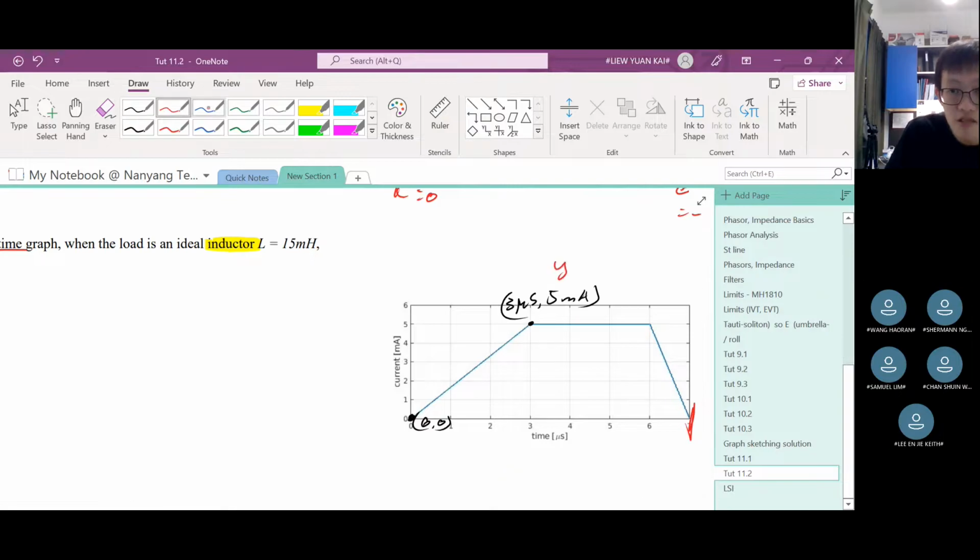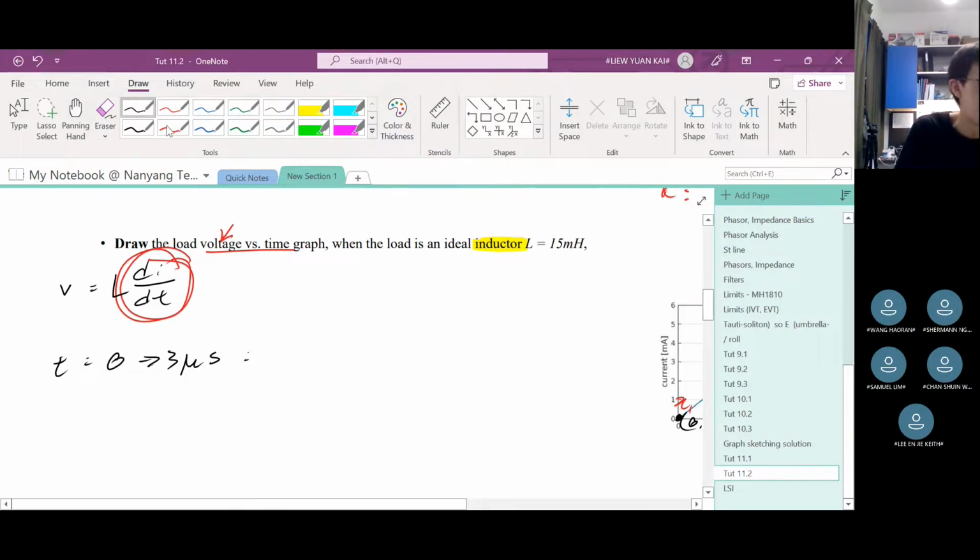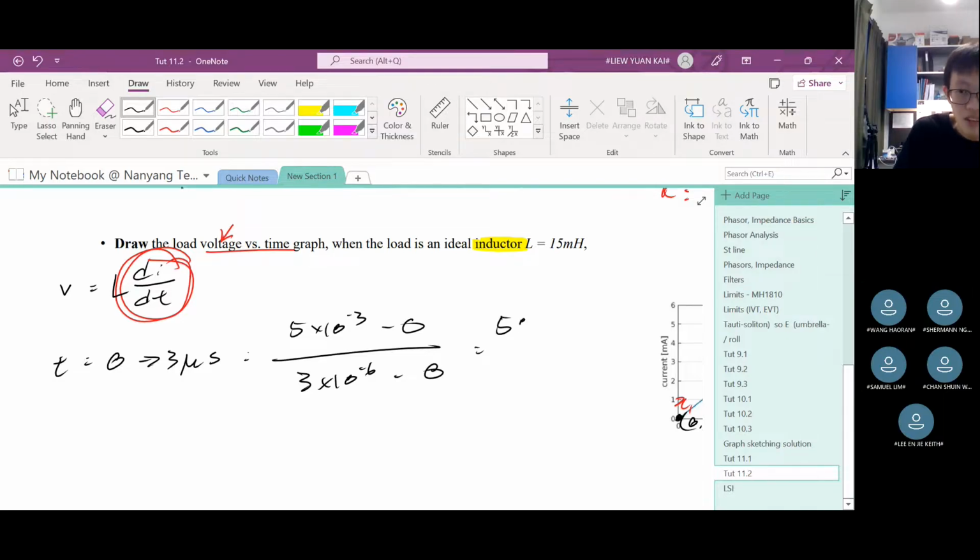So this is y2, this is y1, this is x2, this is x1. I just sub it in, right? So 5 times 10 to the power of negative 3 minus 0 divided by 3 times 10 to the power of negative 6 minus 0. This will give me 5,000 divided by 3, which is about 1666.7 volts.